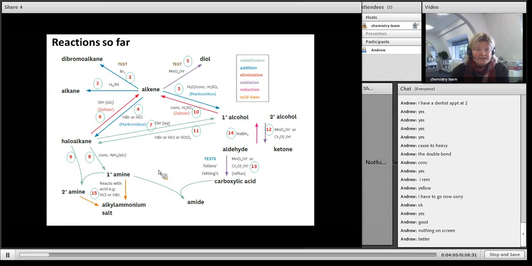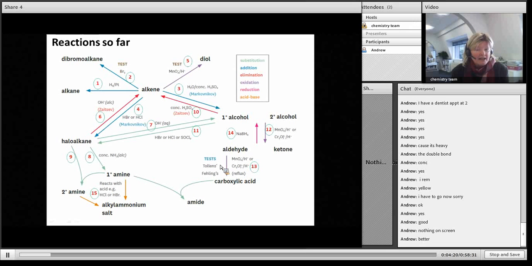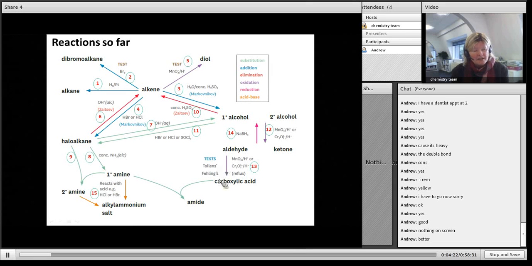And then the tests you need to know is the bromine, the permanganate, that's for the alkene. And then we've got two tests for the aldehyde, which is the Tollens and the Fehlings. Remember, Tollens is a silver mirror test, and the Fehlings is when that blue copper sulfate solution goes and becomes that brick red copper 1 ion color.